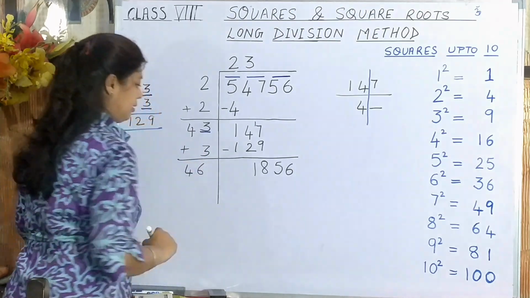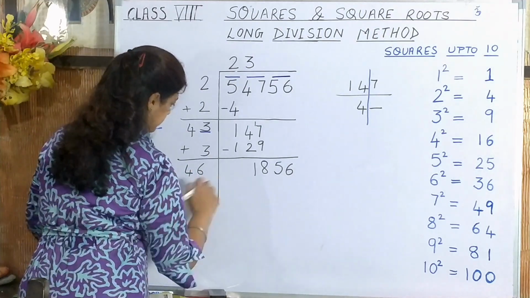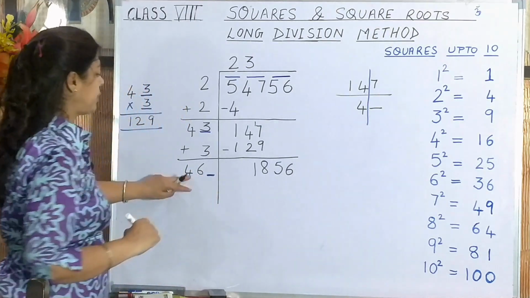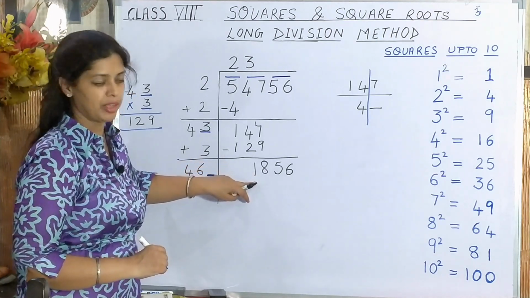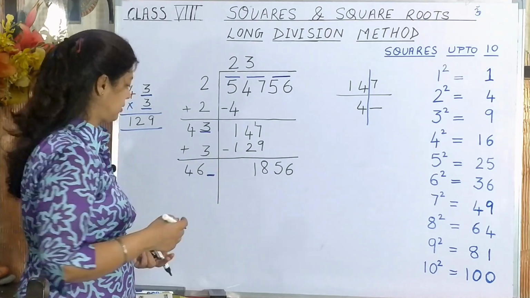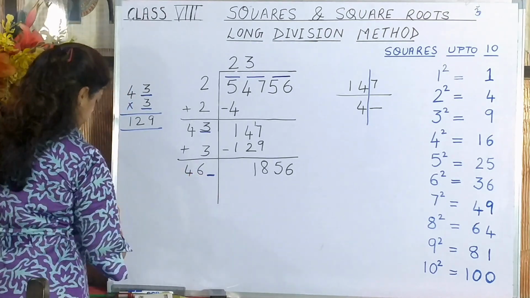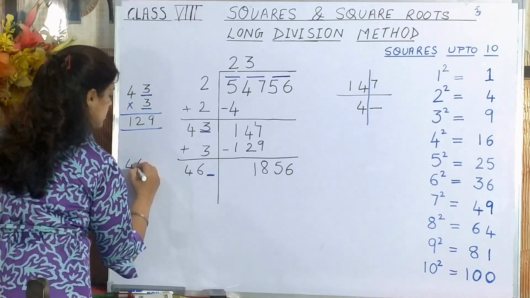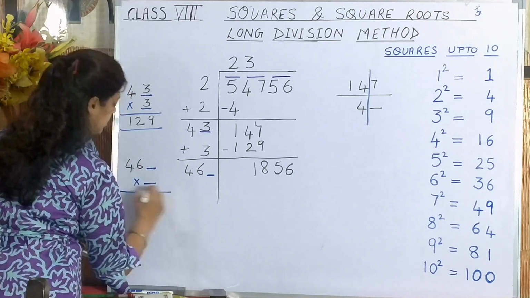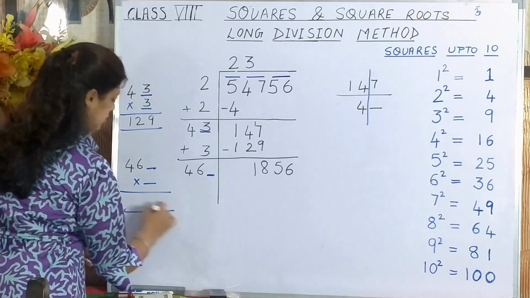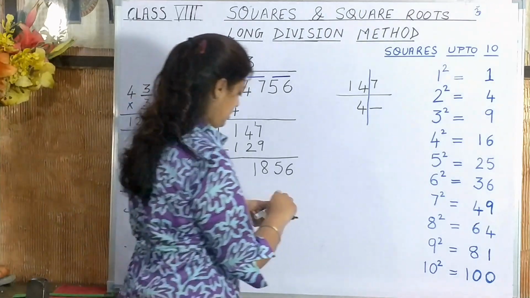46. Now the next step again, 4, 6 and a missing digit multiplied by the same missing digit should give me a number which is equal to 1856 or less than that. Again, in order to find the missing number, I write here 4, 6, missing number, multiplied by the same missing number should give me a number equal to this or less than this.